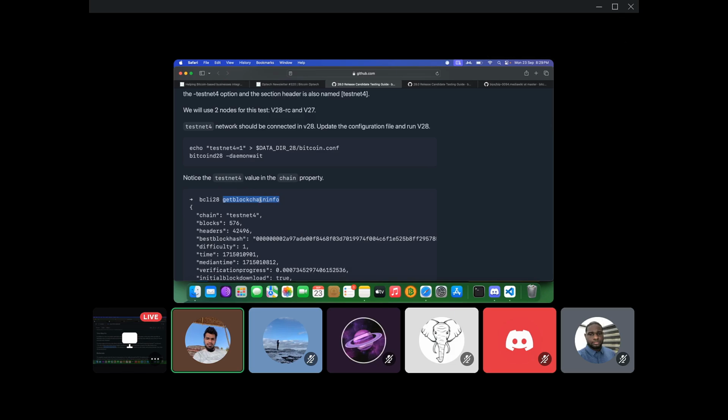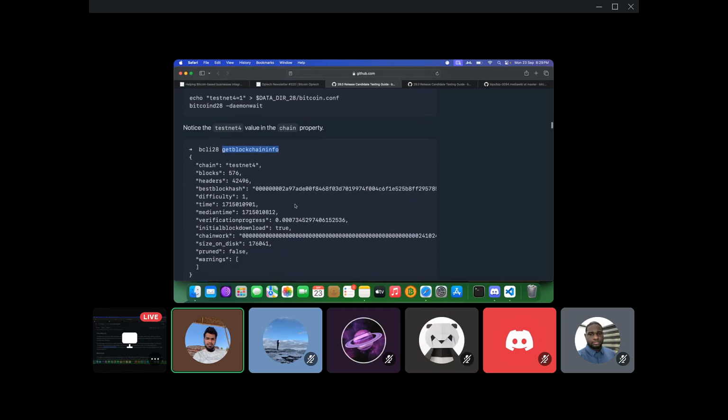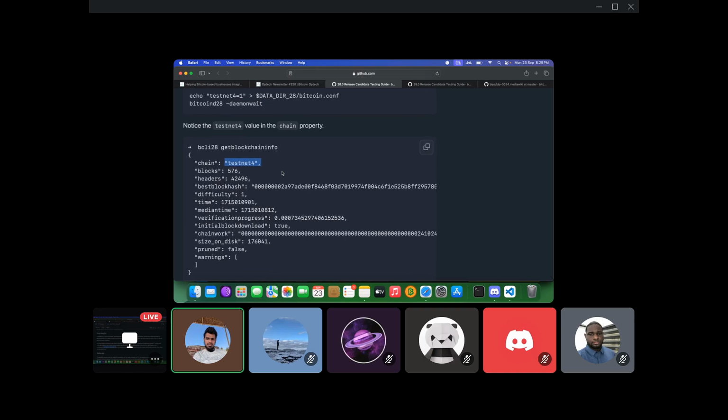When you issue this command, you will get info pertaining to the blockchain, and the chain parameter will have a value testnet4, which signifies that you are running a client version which is compatible with testnet 4, and testnet 4 has been activated. So this is one of the ways of testing testnet 4.